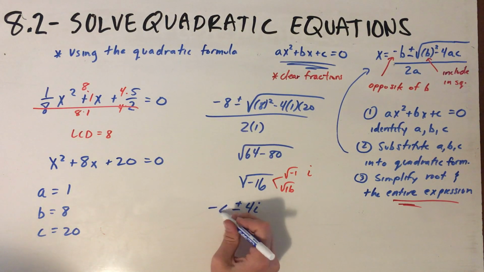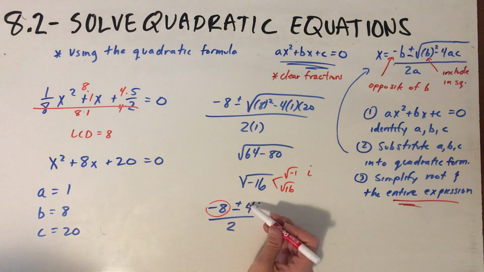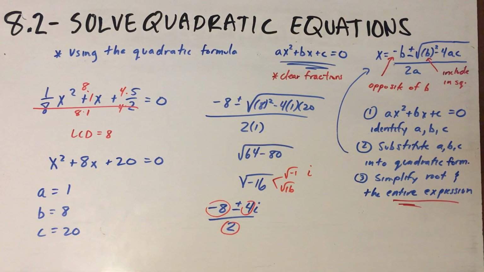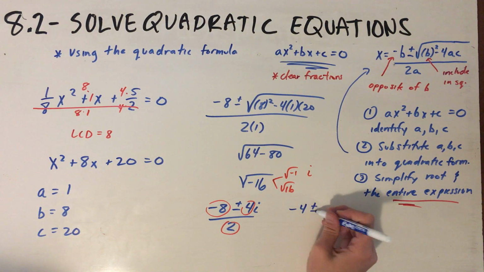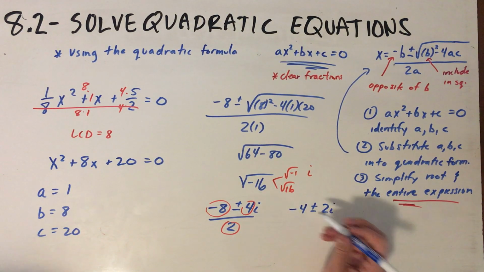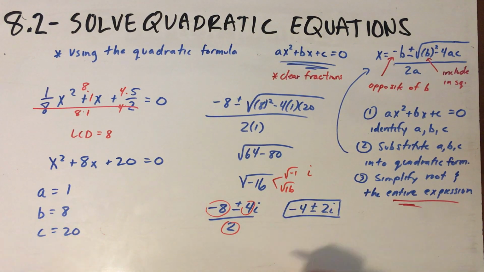And then I have a negative 8 from here and a 2 right here. Again, I want to simplify all of this by factoring out a common factor of 2, which would leave us with negative 4 plus or minus 2i. These would be our two answers here. One of them is negative 4 plus 2i, and the other one is negative 4 minus 2i. So this is using the quadratic formula.